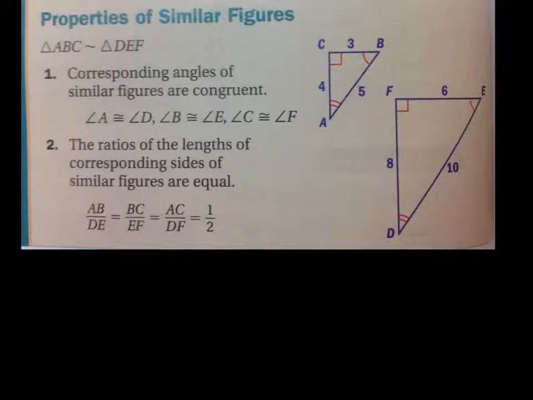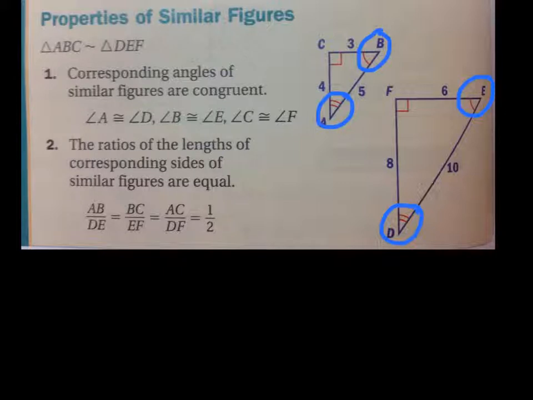There are some specific properties of similar figures that can help you to identify them. The first is that corresponding angles of similar figures are congruent. So the same angles in the same figures are congruent. So you see here that angle B is congruent to angle E, and angle A is congruent with angle D. Also, the ratios of the lengths of the corresponding sides are equal.